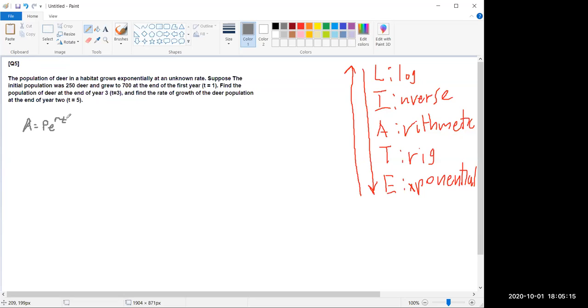Suppose the initial population was 250 deer and grew to 700 at the end of the first year. Okay. So right away, they gave you two pieces of information, right? The 250, what is that?